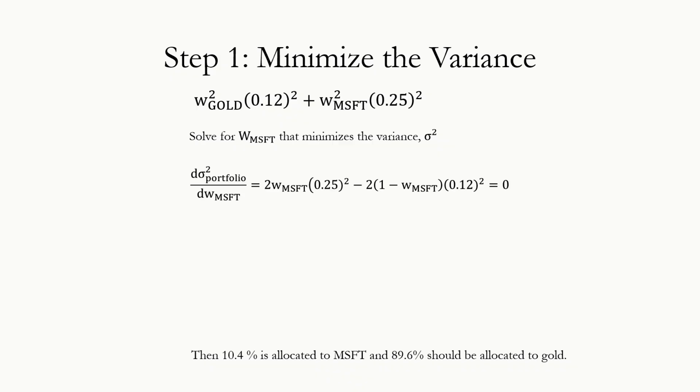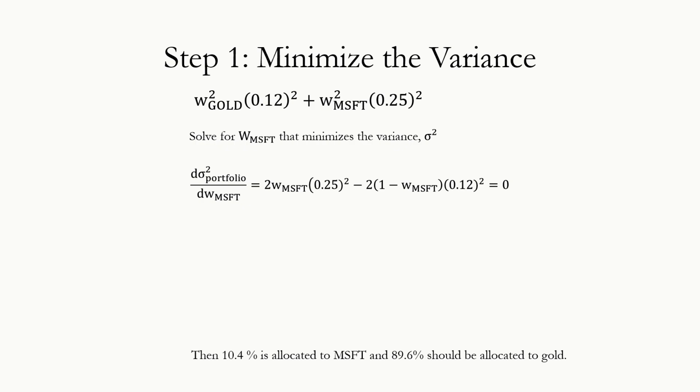Now, in order to do that, we take the derivative of the portfolio variance with respect to the weight of Microsoft, right? And with some simple algebra, we put the square term in front, which becomes 2w, and then 1 minus the weight of Microsoft, that was gold, which I mentioned earlier, times the sigmas that we had, right?